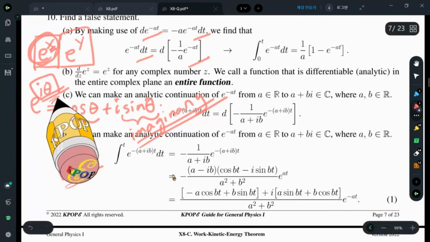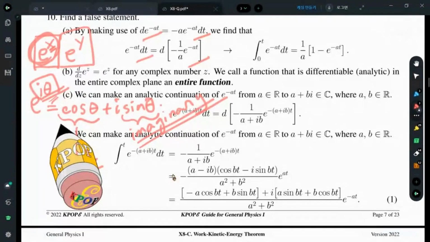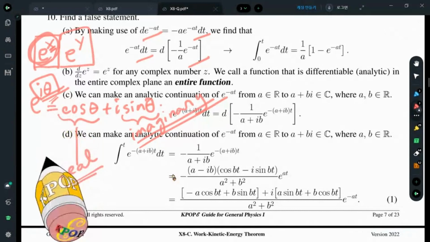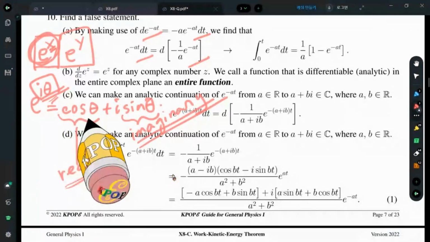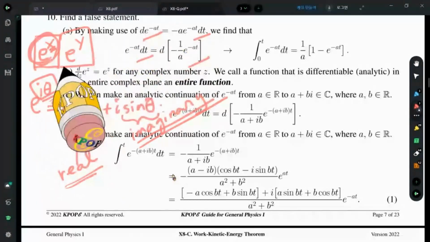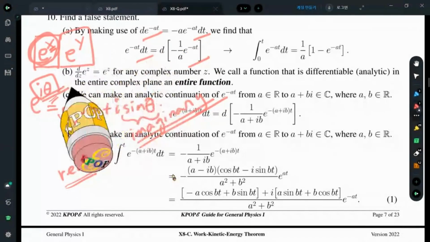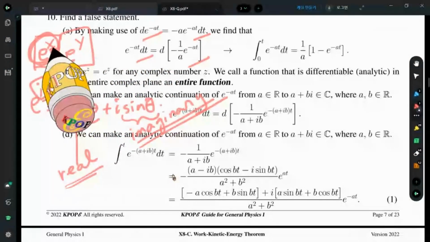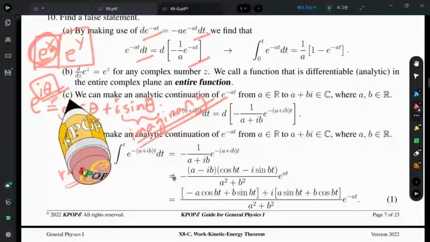In here, we have a complex variable. It looks complicated, but the result is always much simpler than the case when we stick to the real variable. That's the reason why from now on, I would go back and forth in real space or complex space.